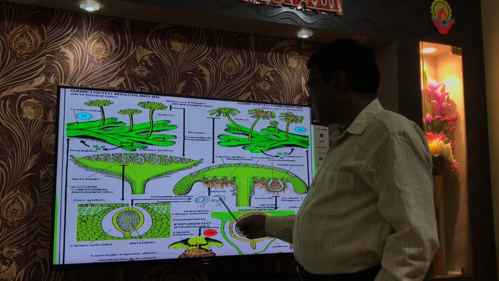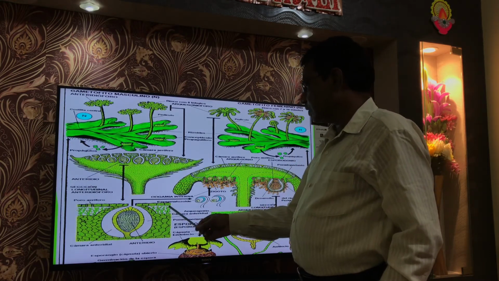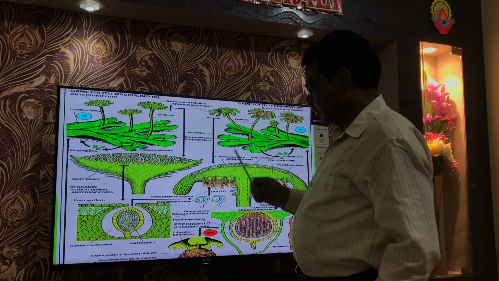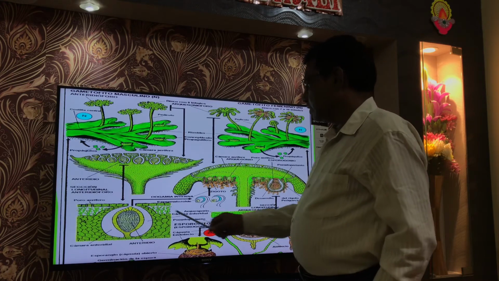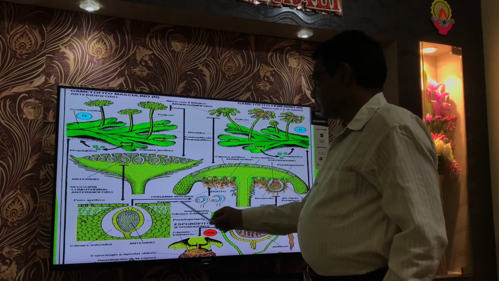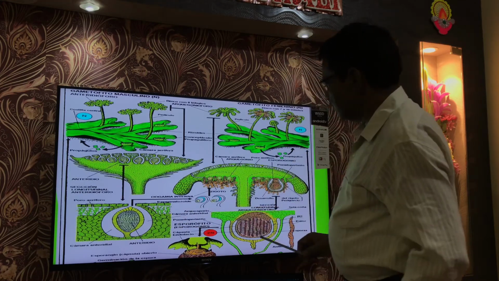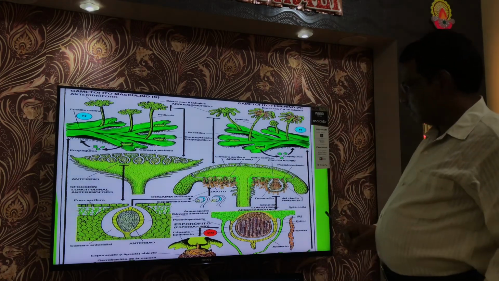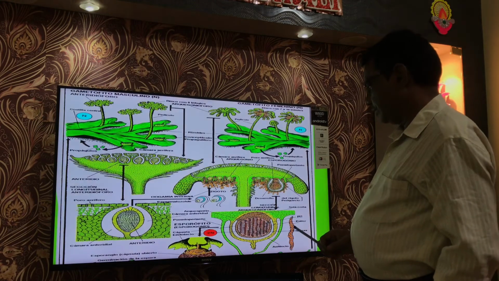So these antherozoids, along with the water, it may be a dewdrop or rainwater, usually pass towards the female sex organ, that is archegonia.